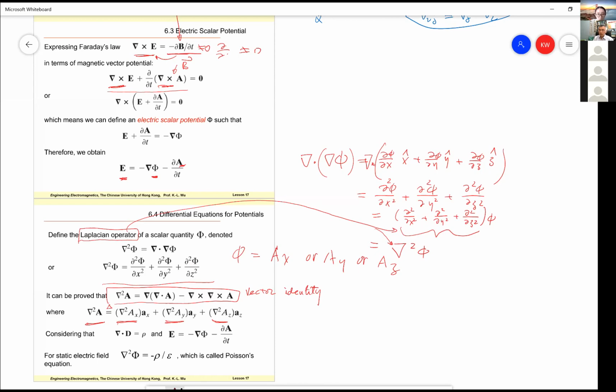This part we already discussed. This is part of the divergence theory in the Maxwell equations.